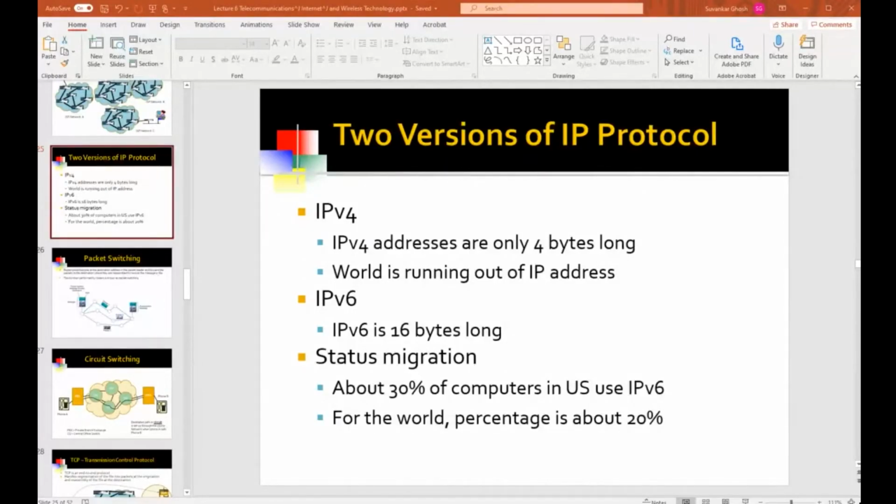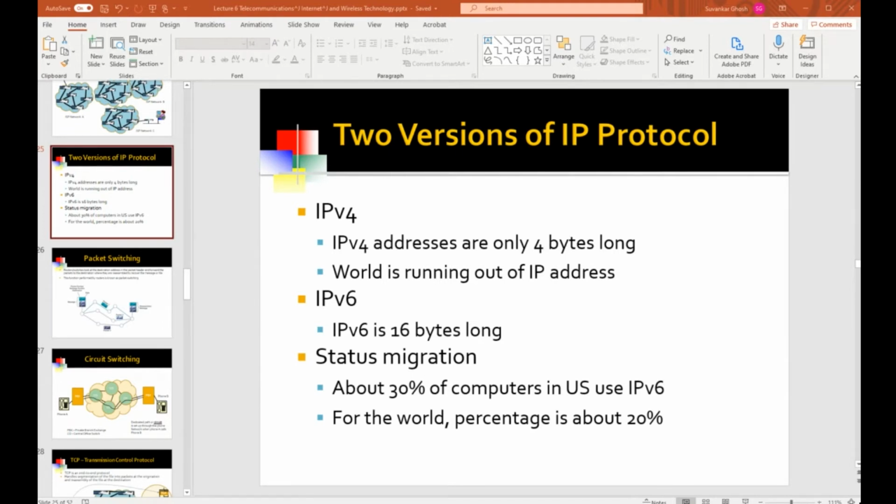Now, there are actually two versions of the IP protocol. The network layer protocol in the internet is called IP, but there are two different flavors of it: IPv4 and IPv6. IPv4 is what is there mostly for the most part today, but we've been slowly migrating to IPv6.